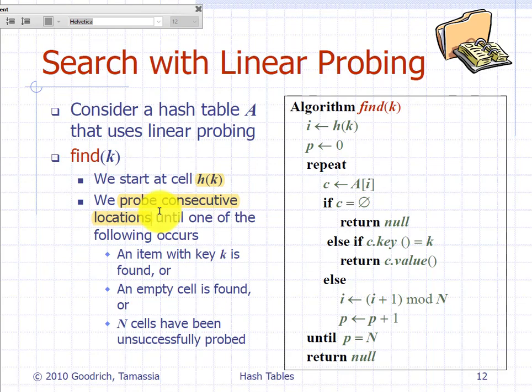If you find it, that's fantastic. If you encounter a null, which means that it was an untouched cell, then you don't search anymore, because you know that the item is gone.